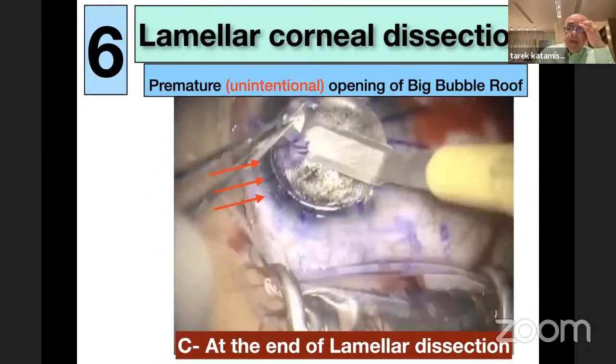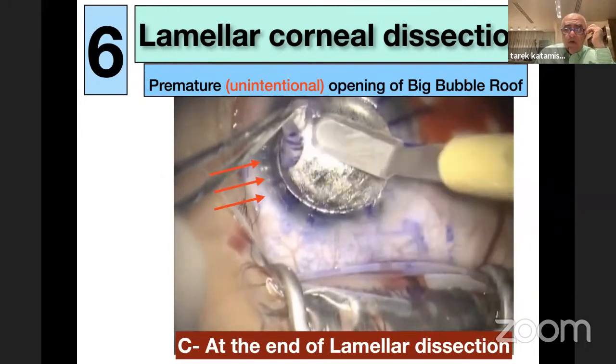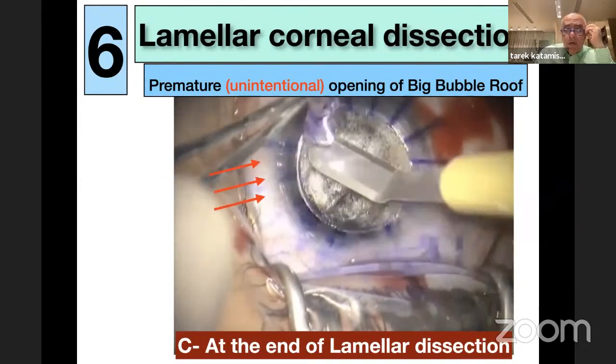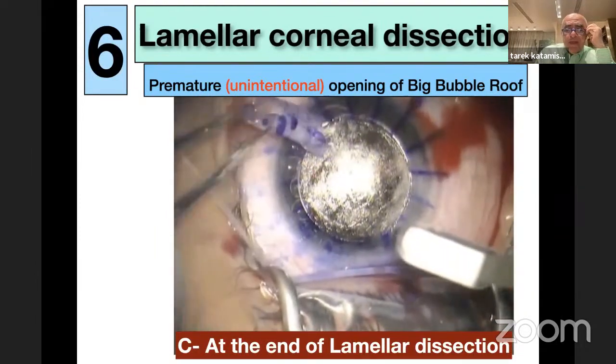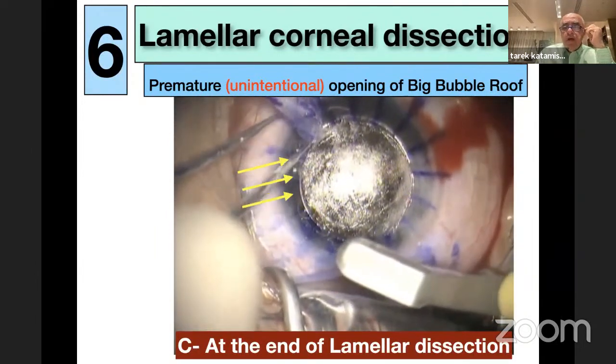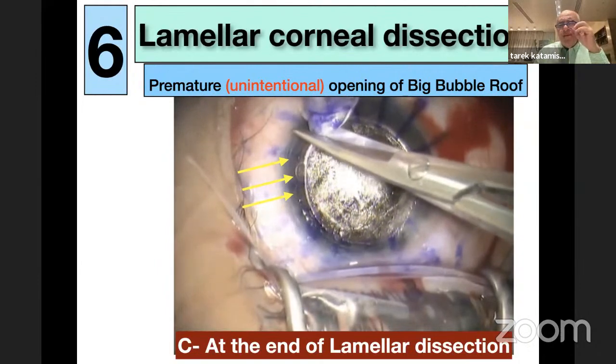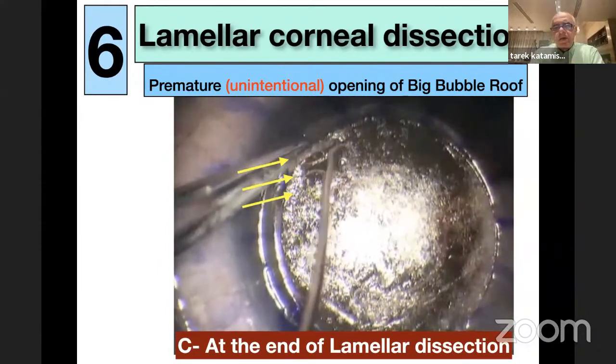Sometimes it will occur in the very last moment of the section. Watch carefully these small bubbles which are displaced in the periphery of the anterior chamber, because we still have the big bubble space here. Look carefully, these small bubbles will move centrally now. Look, it moved centrally, because you have opened the roof at the very last point.